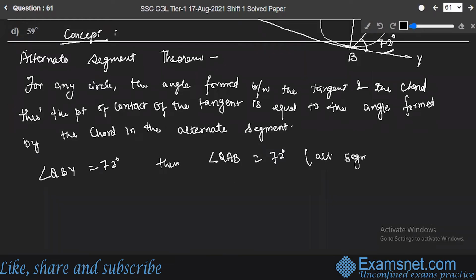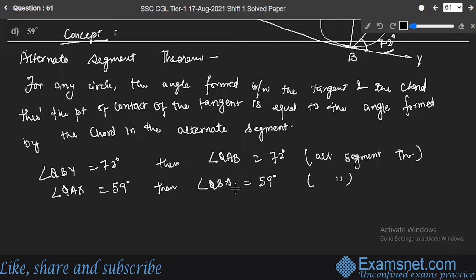Alternate segment theorem. Similarly, if angle QAX is given as 59 degrees, then angle QBA is also equal to 59 degrees. The reason is the same, alternate segment theorem.